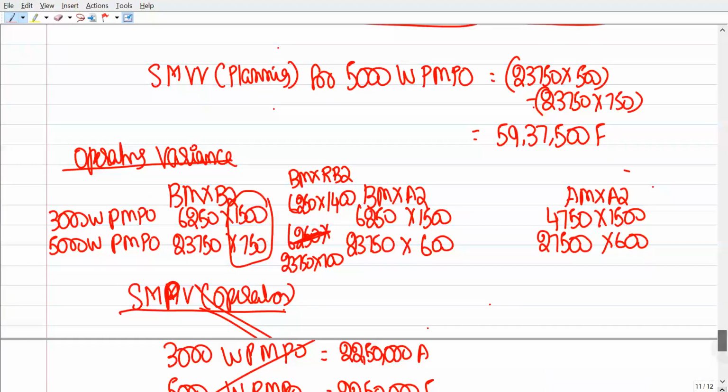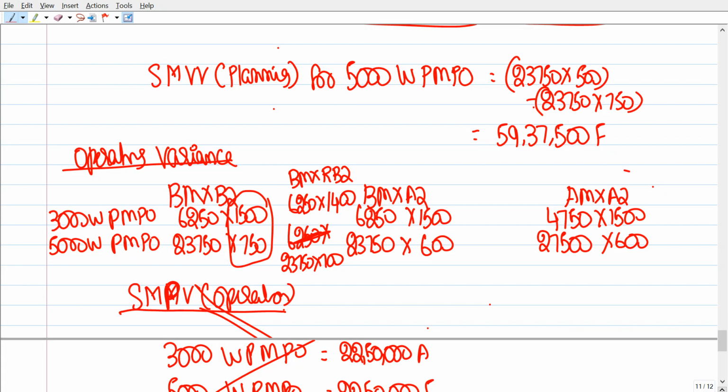When it comes to volume variance, it is BM into BQ minus BM into AQ. Nothing for 3000 WPMPO. Sales margin volume variance, in bracket operating: below that, 3000 WPMPO is 0. Most of you look blank. I'm not sure whether you know the formula.